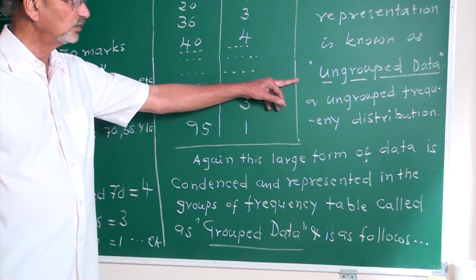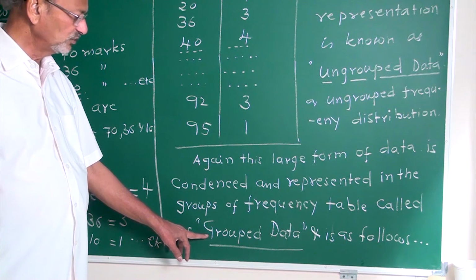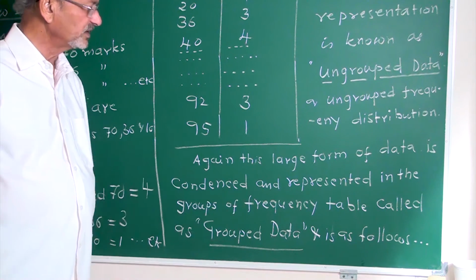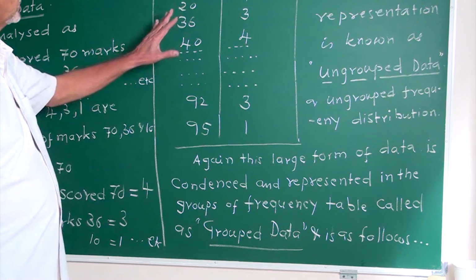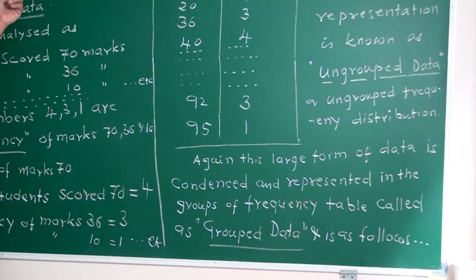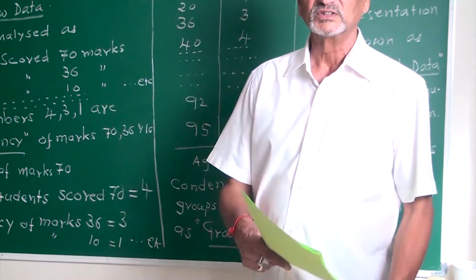This is ungrouped data. Next, we are going to give the form of grouped data, which is as follows. I will write that grouped data, my friends.